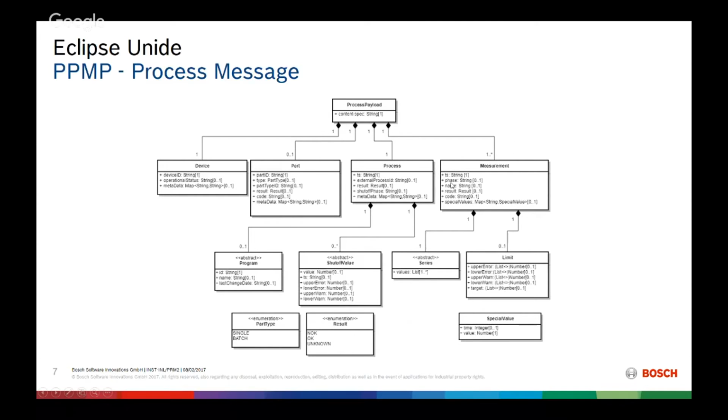You have maybe a name for your specific phase where you are in, or where the measurements come from. Maybe you have a pressing process, then you have a phase where the press goes down, and maybe you have a phase where the press releases and it goes up again. Then you have two phases, and you can separate these phases in different measurement objects. You have a result flag and also a code property to transfer your individual code, for instance.